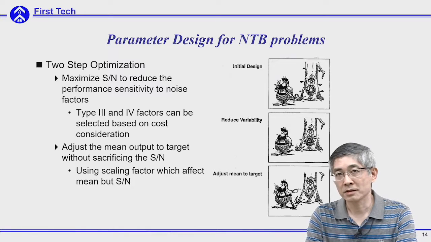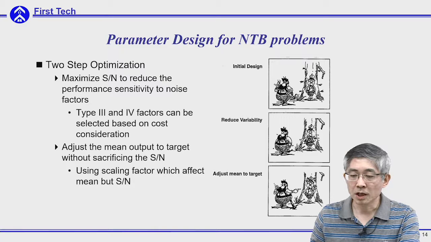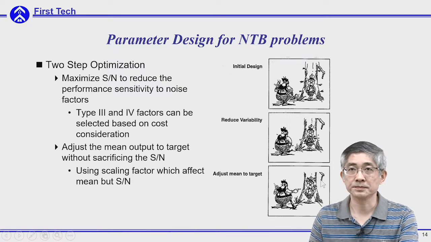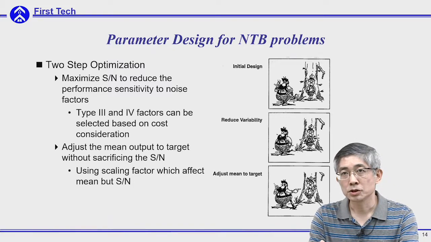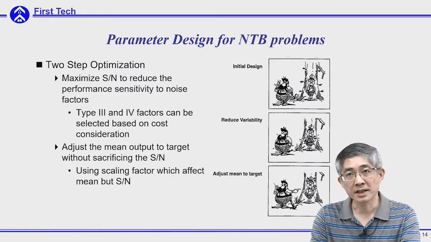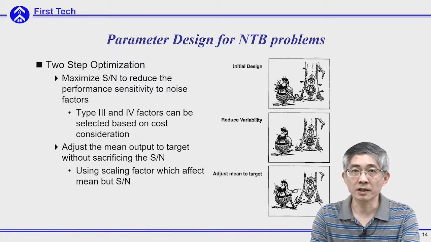So the Taguchi method suggests we should always move the average output to the target for a nominal-the-best problem. This is the two-stage optimization process he proposed. At the first stage, we maximize SN. Therefore, we can obtain a design with the smallest performance sensitivity to noise factors.